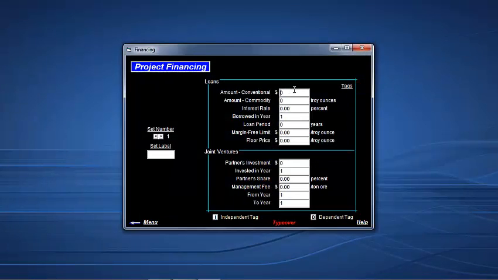You can see the program can also handle loan scenarios in the assessment, conventional and commodity loans, the specifics of which can be defined in the following cells there. It can also look at joint ventures, and the definitions of those agreements are specified through these cells.